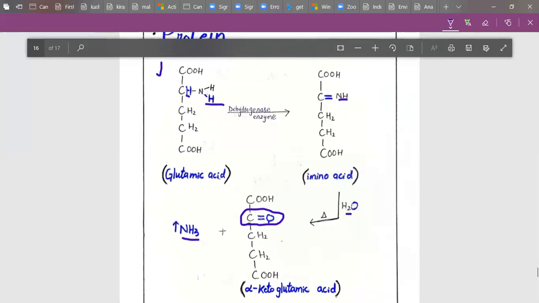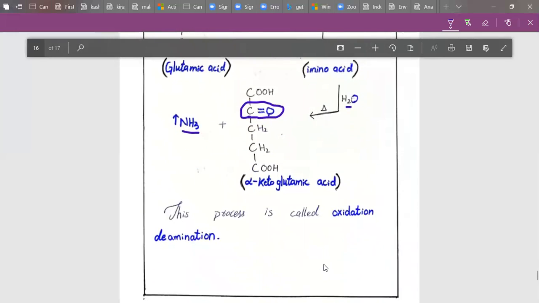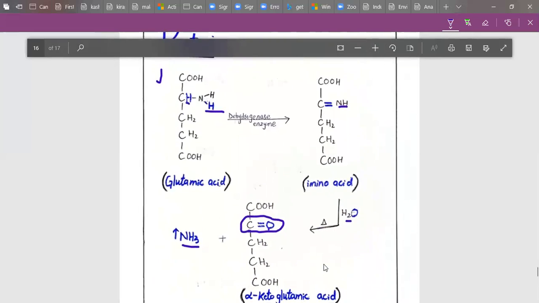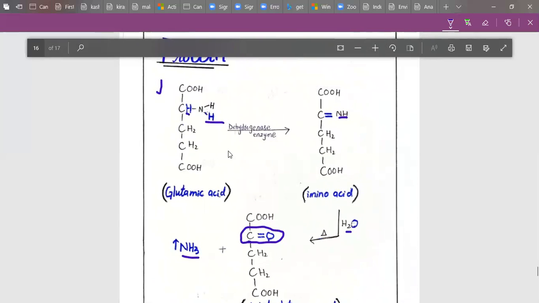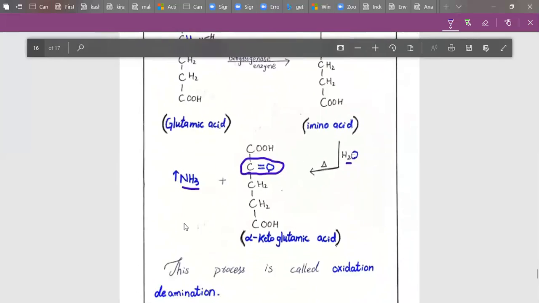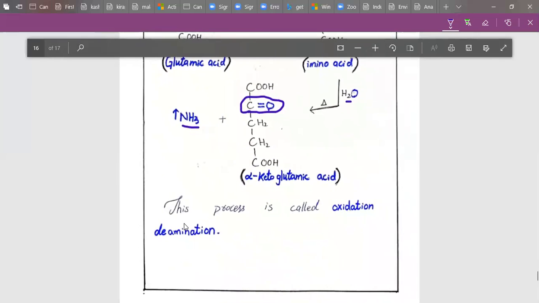That's why we say alpha-ketoglutaric acid. And this process is also called oxidative deamination. How can we say that? Because in this process we first oxidize the glutamic acid, and then the ammonia is removed. That's why this process is called the oxidative deamination process.